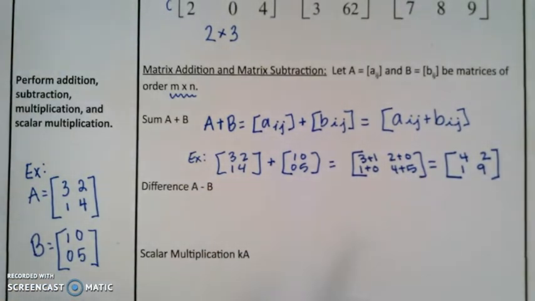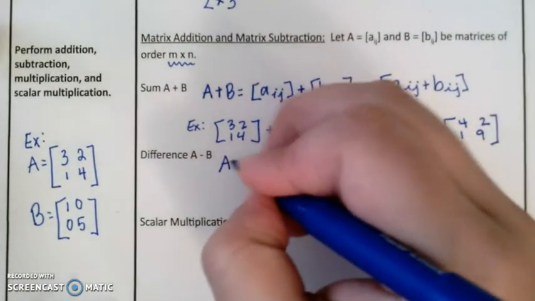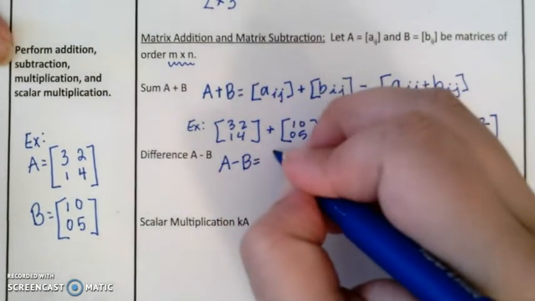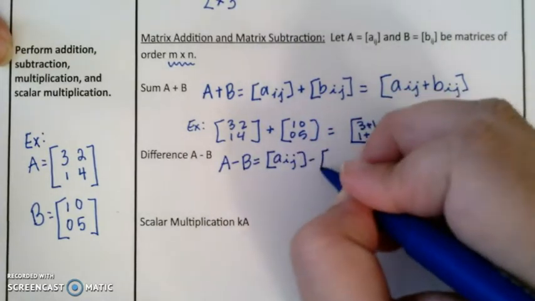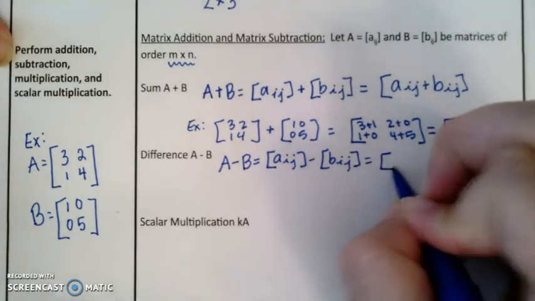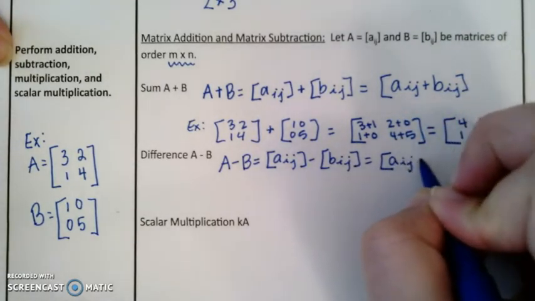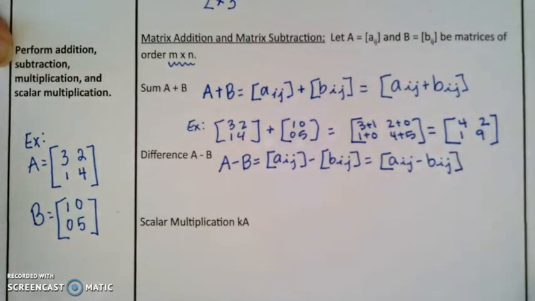So if we're subtracting, then we're going to do the same thing. We would say matrix A minus matrix B is the elements in matrix A minus the elements in matrix B. And we can write that each element would just be piecewise or element-wise subtraction.